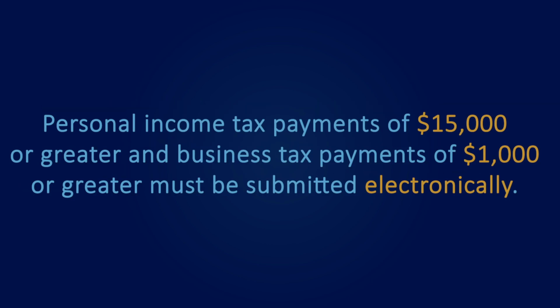Please remember that personal income tax payments of $15,000 or greater and business tax payments of $1,000 or greater that are not submitted electronically are subject to a penalty of 3% of the face value of the check up to a maximum penalty of $500. Please reference Pennsylvania 2021 HB 952 for more information about this penalty.